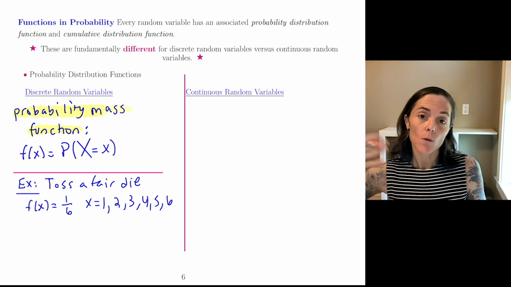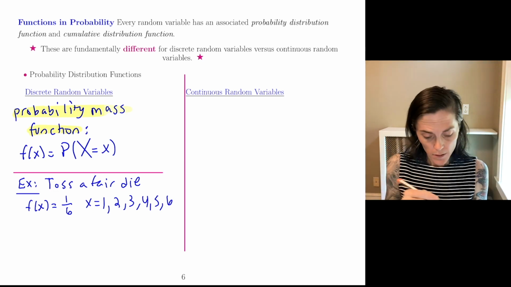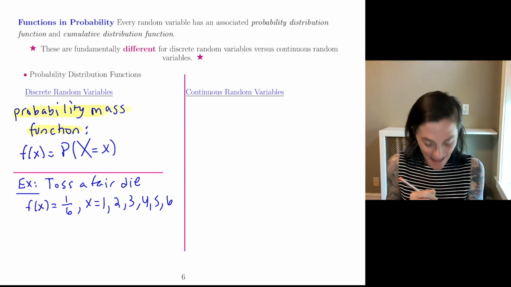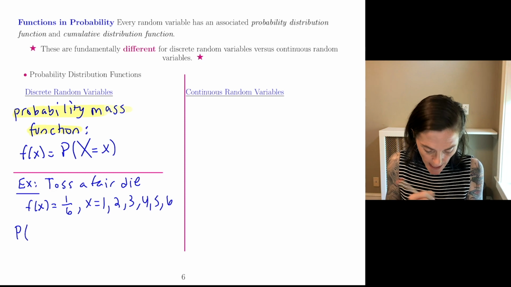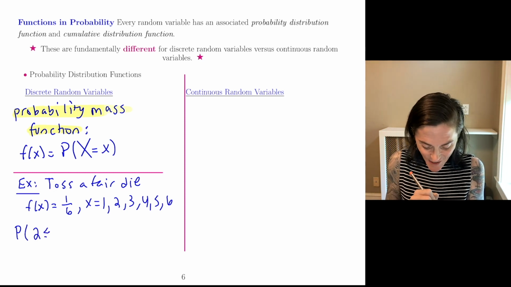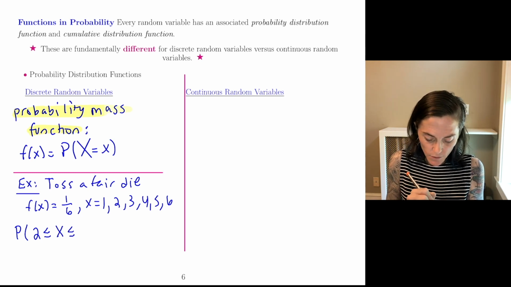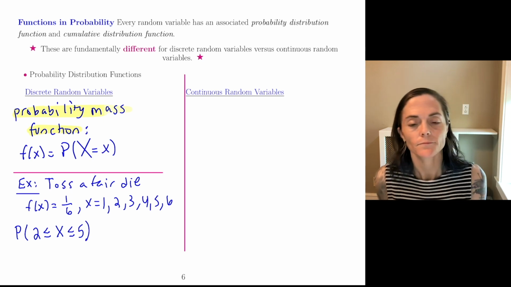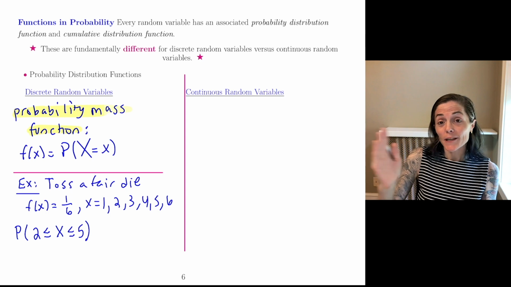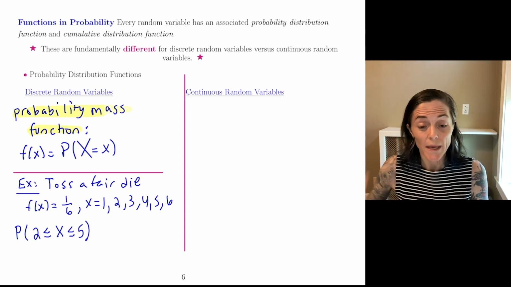Each will have probability 1/6 of appearing up. Okay, so if you wanted the probability, say, that 2 is less than or equal to capital X is less than or equal to 5, well, to calculate a probability over a range of values, we add.